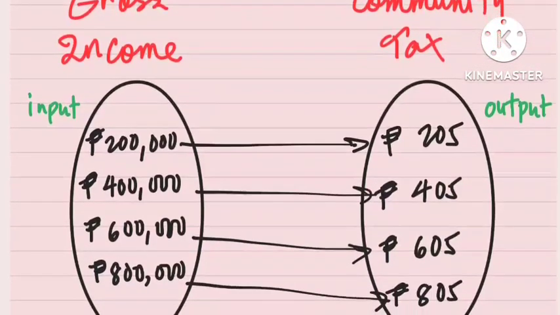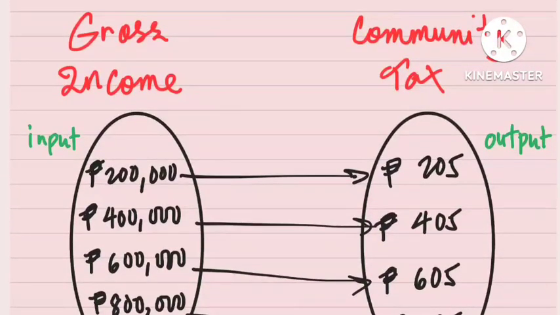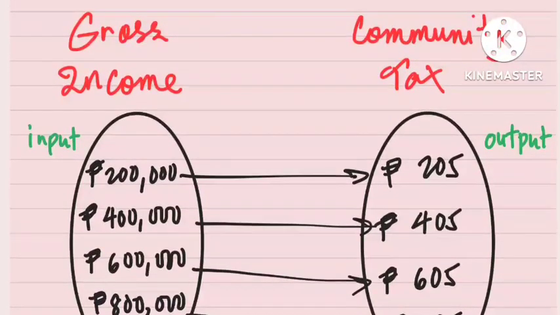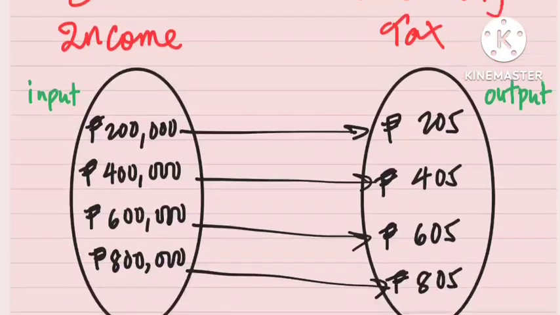For example, if you want the collection to be fair, of course there should be a rule that will be followed. So, if a person is earning 200,000 pesos as gross, how much should he pay as his community tax?